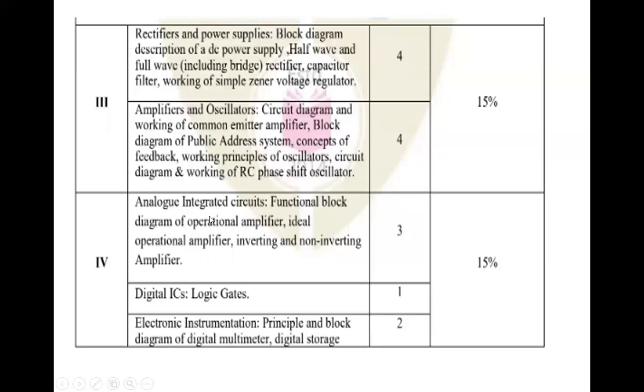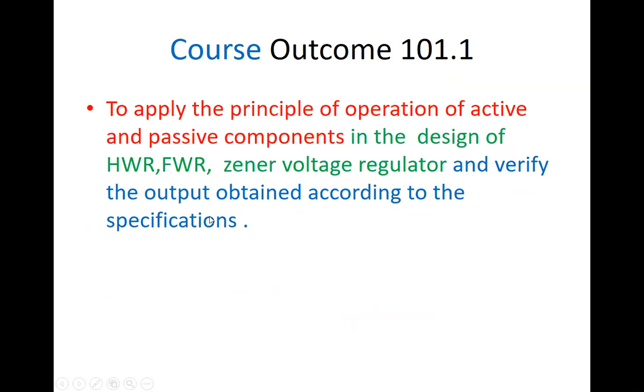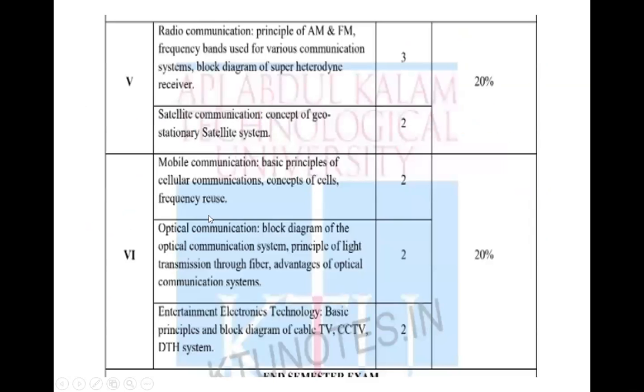Then let us see what is there in the 5th and 6th modules. The 5th module is also a very broad topic: radio communication, principle of AM and FM, frequency bands used for various communication systems, block diagram of superheterodyne receiver, satellite communication, concept of geostationary satellite system.